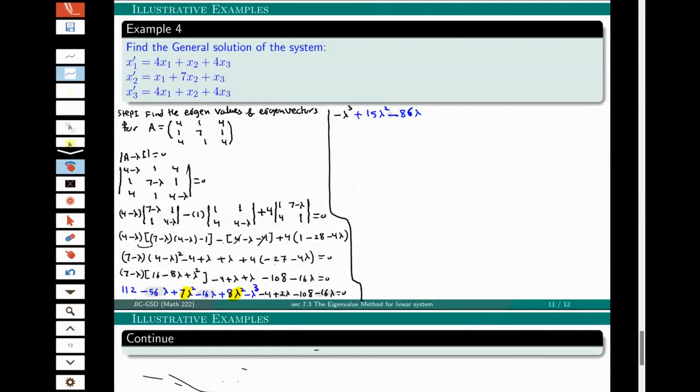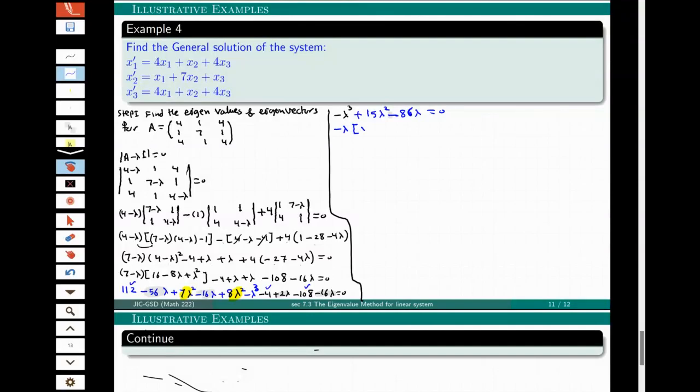What about the constant? For the constant, I have minus 4, and I have minus 108, and that is 0. So that will be equal to 0.